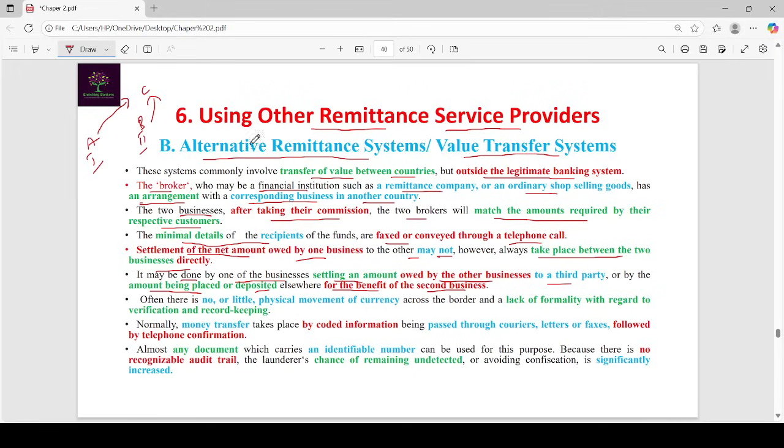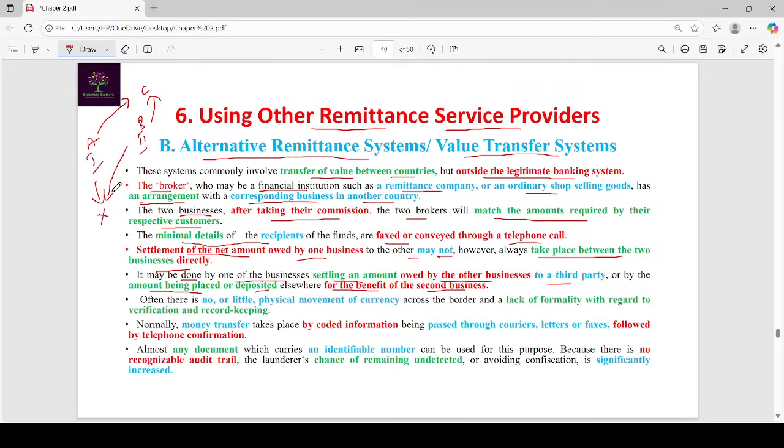So A places or deposits somewhere where B gets the benefit. So likewise, they do not get involved directly.